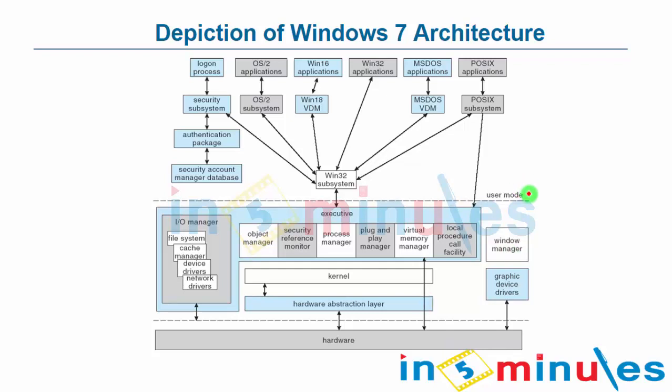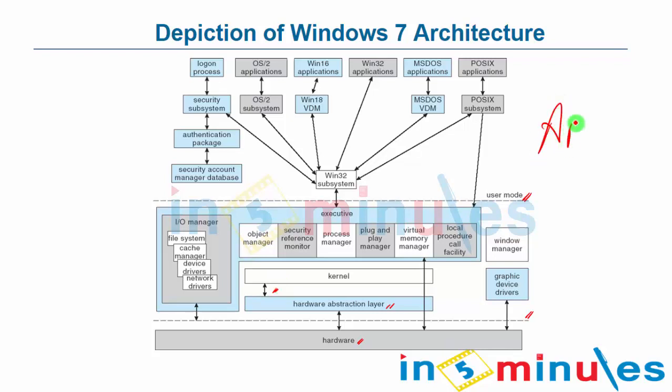Okay, as you can see, up is the user mode and down is the protection mode. The operating system would communicate with the hardware via the hardware abstraction layer, as we said. The hardware abstraction layer in turn would communicate with the kernel, and the kernel has its own communication happening from the higher side.